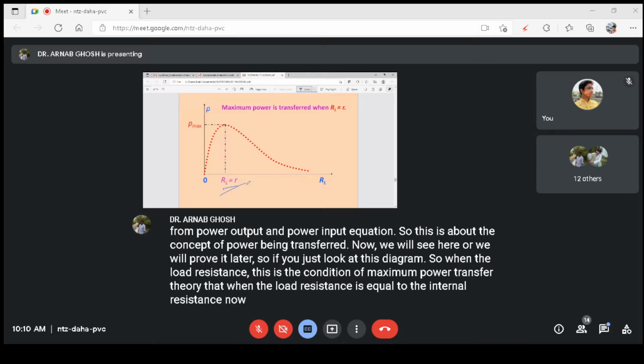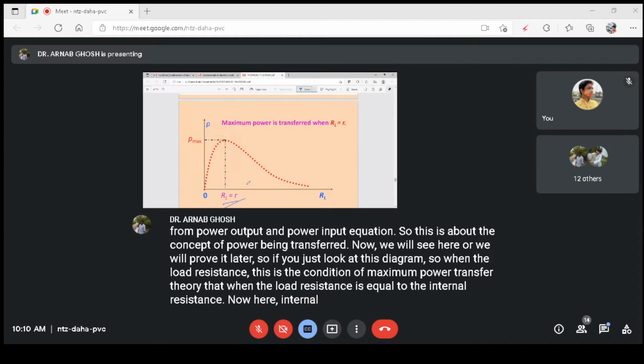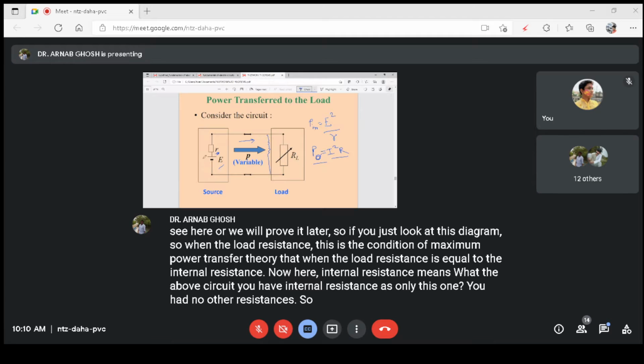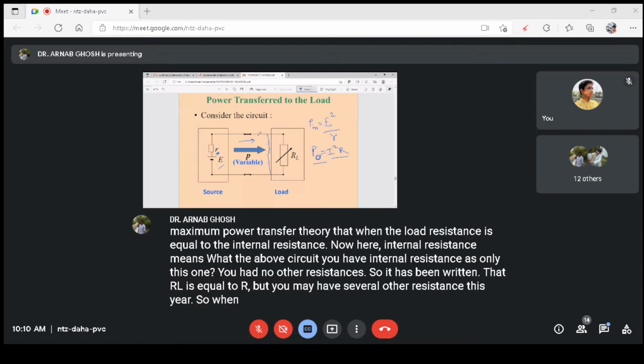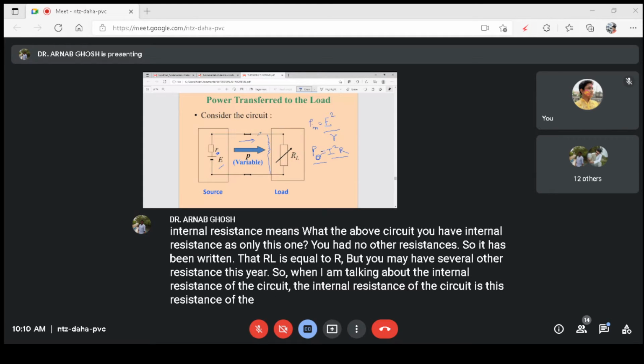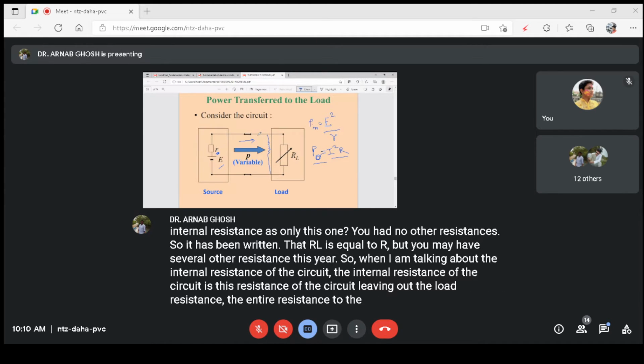Here internal resistance means only this one, you had no other resistances, so it has been written that RL is equal to R. But when I am talking about the internal resistance of the circuit, it is the resistance of the circuit leaving out the load resistance.